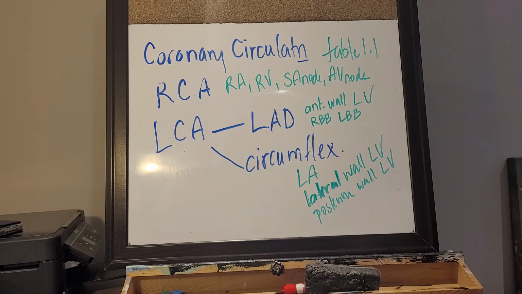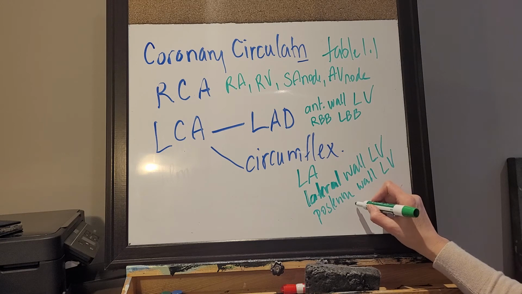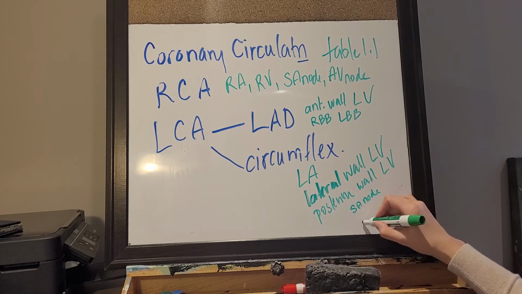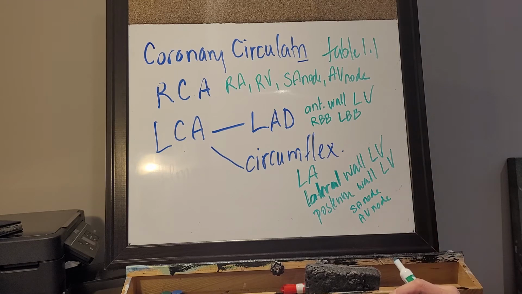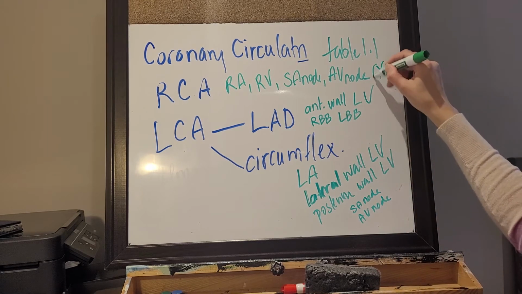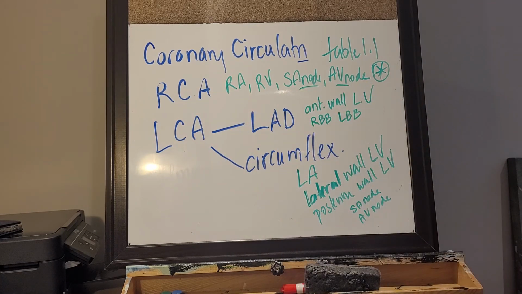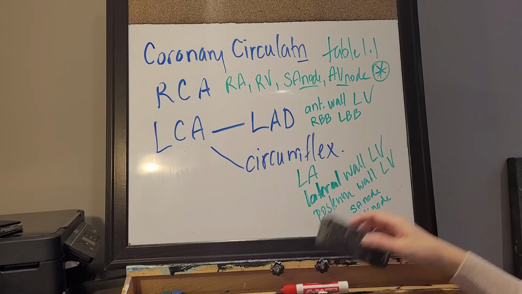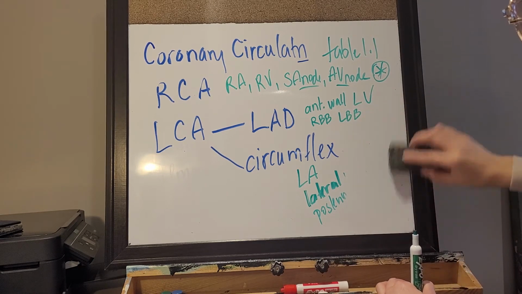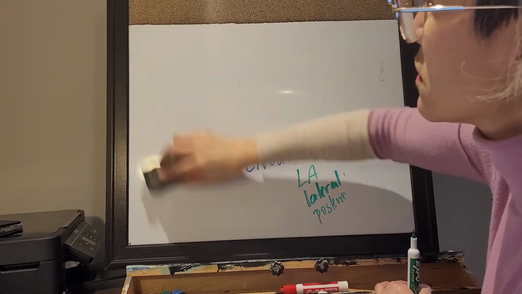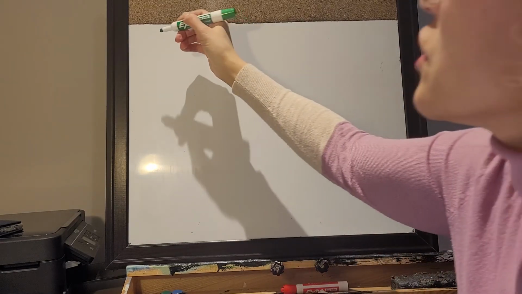In a smaller portion of the population, the circumflex would perfuse the SA node and the AV node. Like I said, in the majority of the population, it's the right coronary artery that supplies the SA node and the AV node. And the last topic was cardiac intervention for chapter 1.